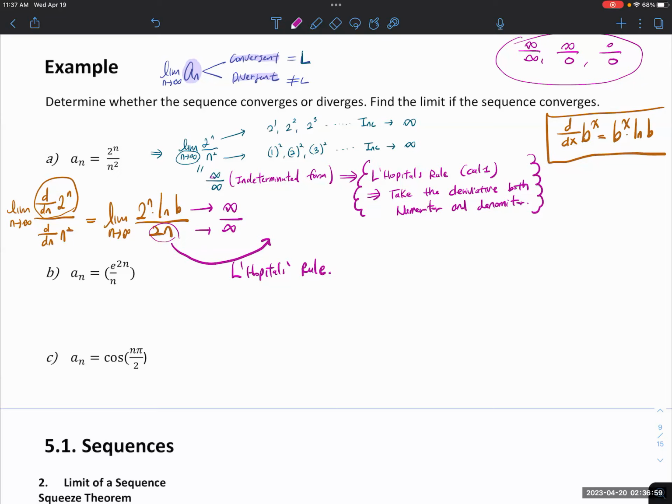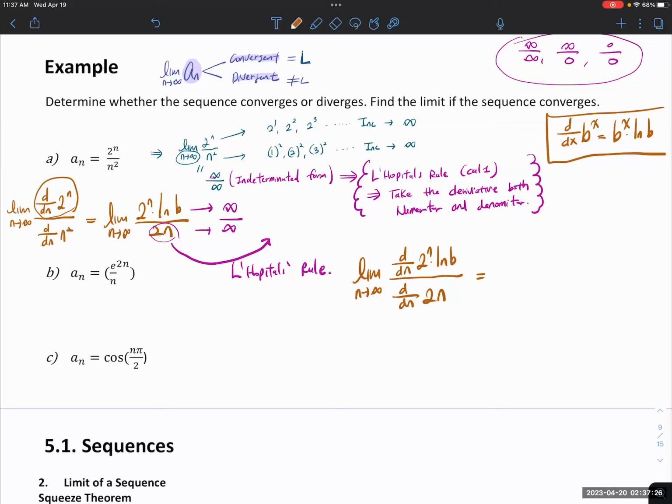So actually, I need a little bit of space. So I'm gonna keep going here. So you're gonna take the L'Hopital rule. So I'm gonna keep the same color. Limit n approach to infinity, d over dn, 2 to the n ln 2. And then you are taking the derivative top and bottom, 2n.